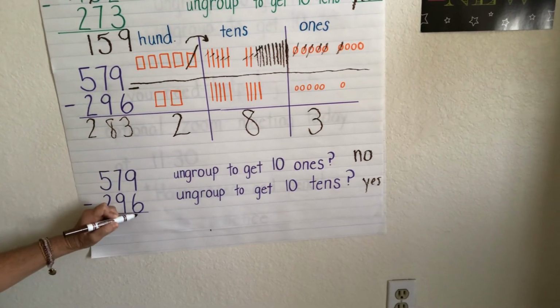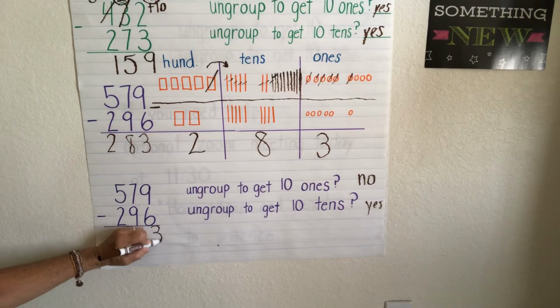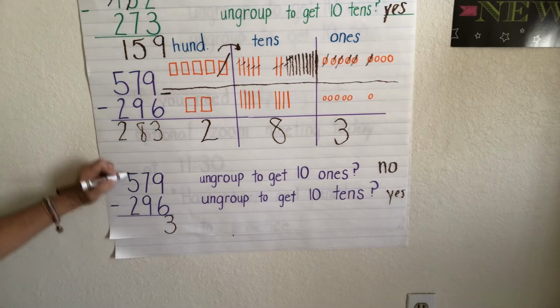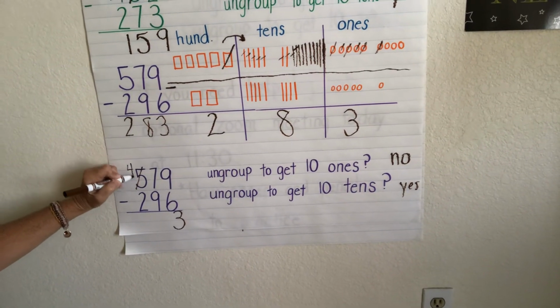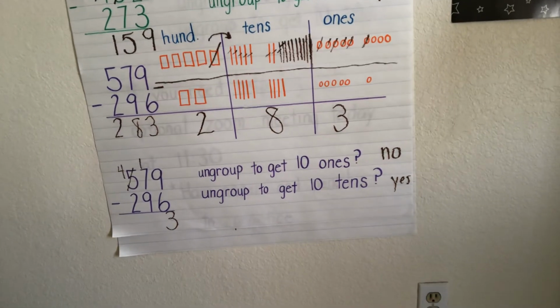In the ones, is the bottom number bigger? No. 9 take away 6 is 3. In the tens, is the bottom number bigger? Yes. So my 500s becomes 4 hundreds and 10 tens.